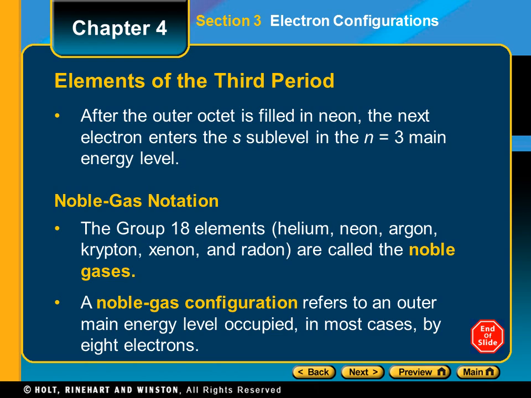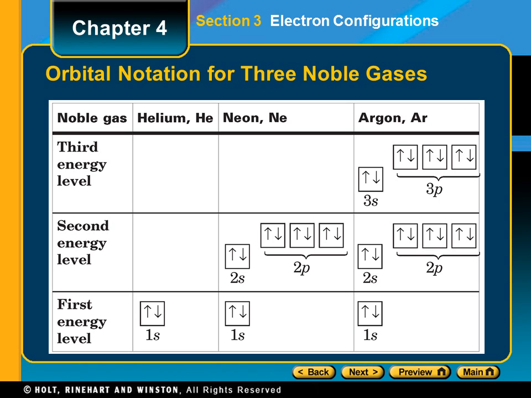And because these noble gases have 8, they're not very reactive. They don't react with things because they're completely stable, with 8 electrons in that last main energy level. Okay, so this shows each one of those, and it shows how each one is filled.